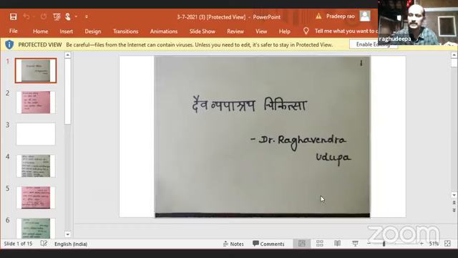So we will discuss what Daiva Vyapashraya Chikitsa is and how it can be utilized. Here I'm not going into the references in depth, as all of you have studied them and their meanings. That's why I use only certain areas where I concentrate more in Daiva Vyapashraya Chikitsa.